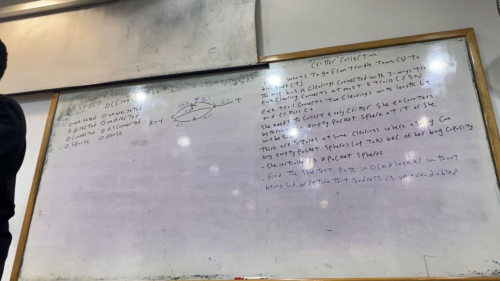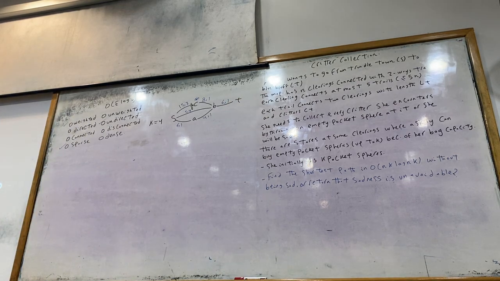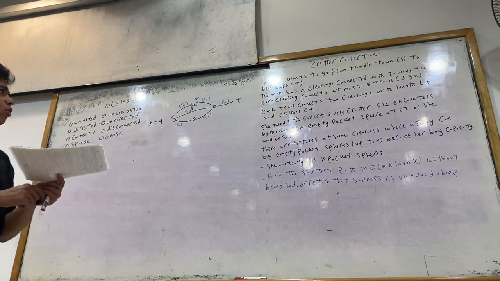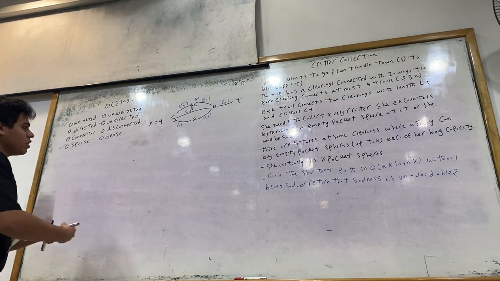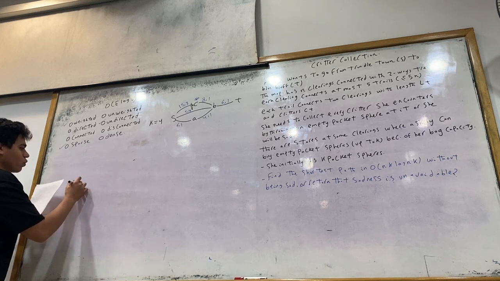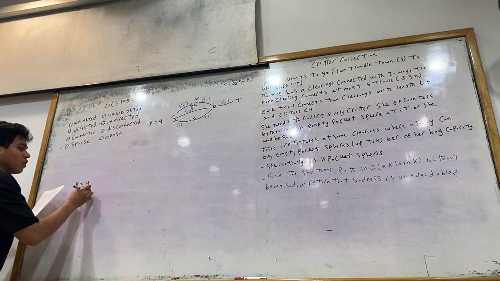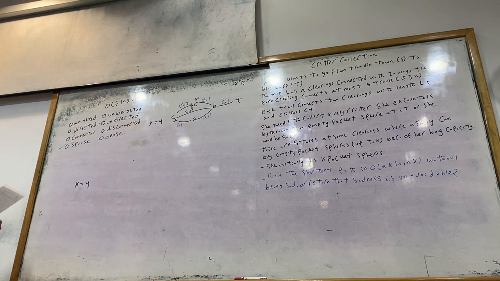So in order to ensure that I cannot go to a negative state, I will make a new graph with every possible state for every vertex. What is meant by this? Focus with me. Here, k is equal to 4, right?